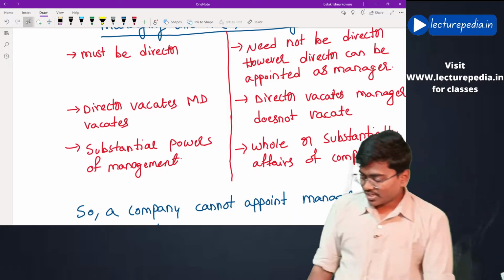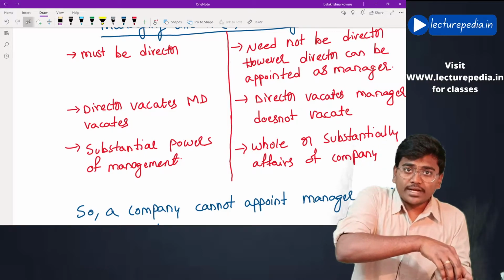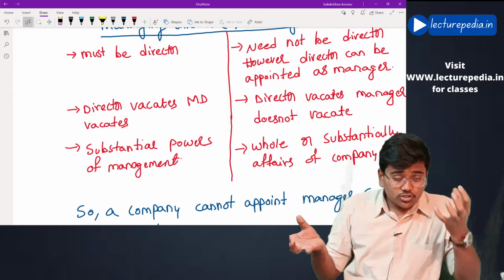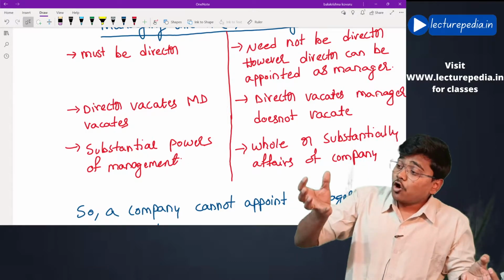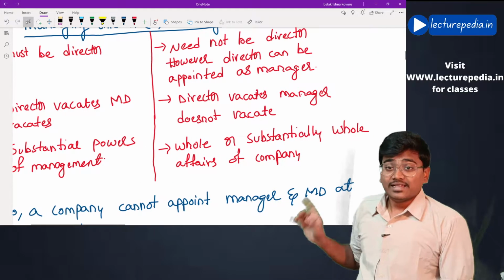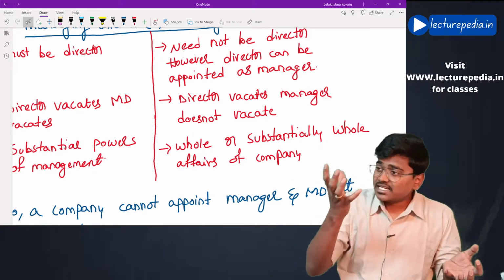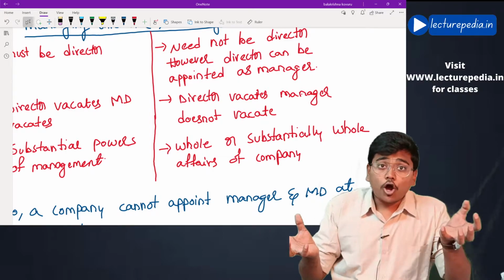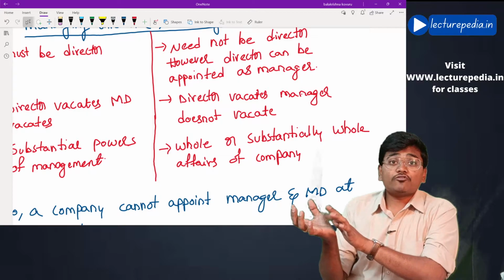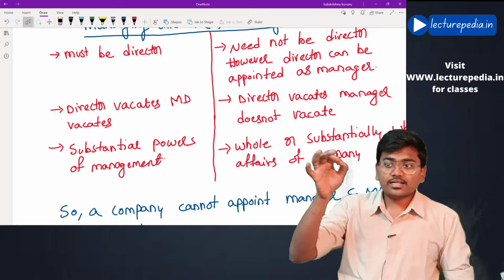That means a person who is a non-executive director in the company has been appointed as a managing director. Now, if such person vacates his office of directorships, then his office of managing director will also be vacated. Whereas, in case a person who is a non-executive director is appointed as a manager, then if the office of this person as a non-executive director is vacated, then the office of manager will not vacate. That is the second difference between managing director and manager.